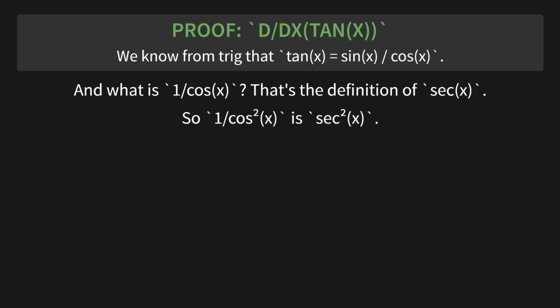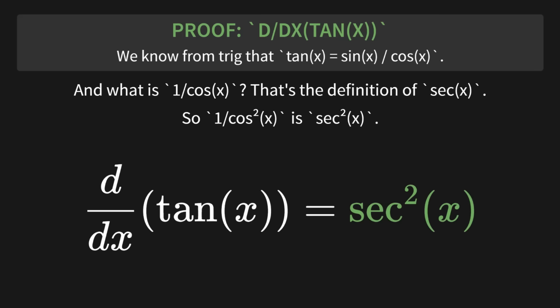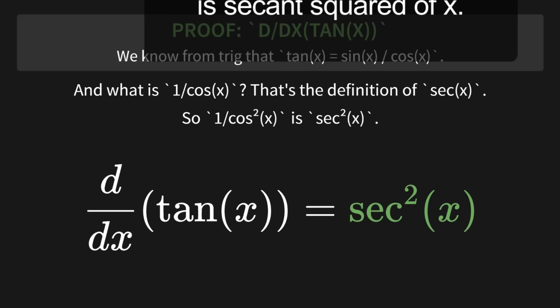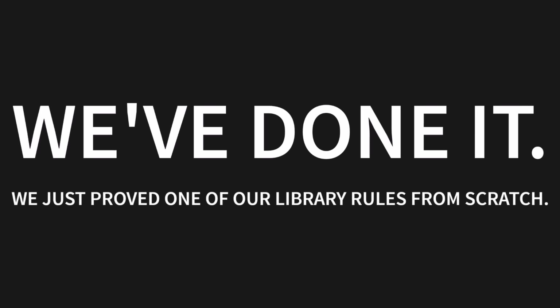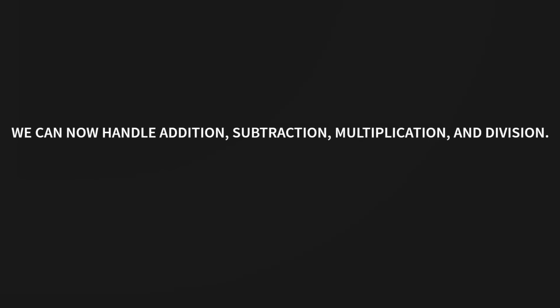So 1 over cosine squared of x is just secant squared of x. The derivative of tangent of x is secant squared of x. We've done it. We just proved one of our library rules completely from scratch. See how it all connects? No magic. Just rules building on rules.